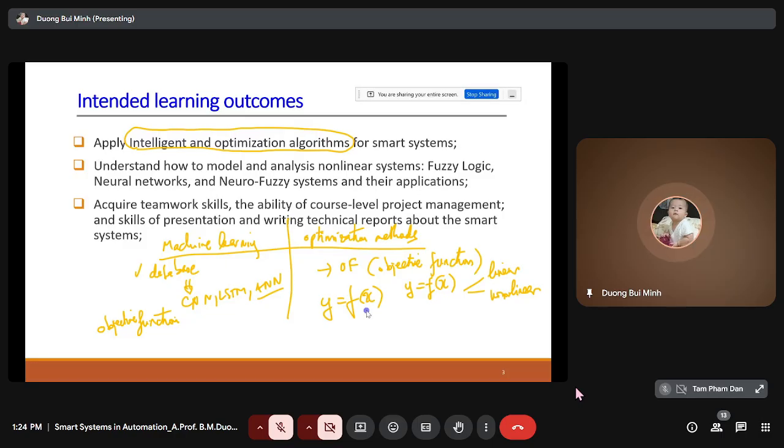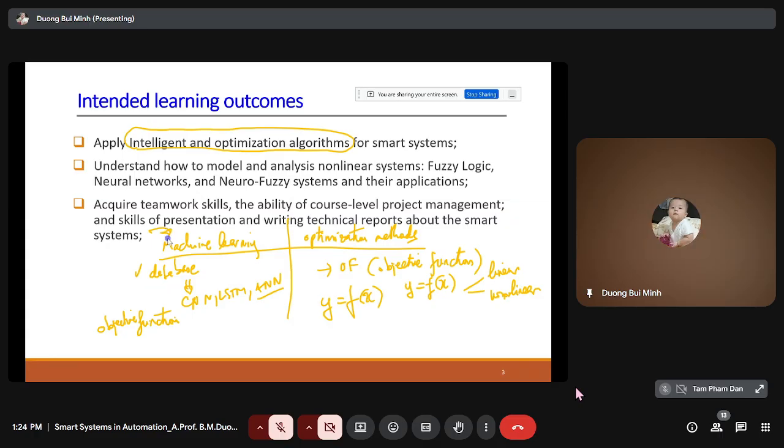For example, if you would like to predict or forecast the weather, the temperature, the price of a product, or the economy, that means you need to use machine learning because you cannot make the function.